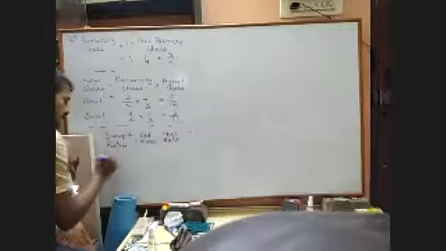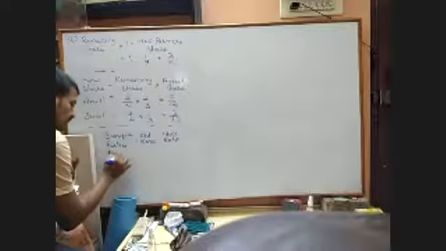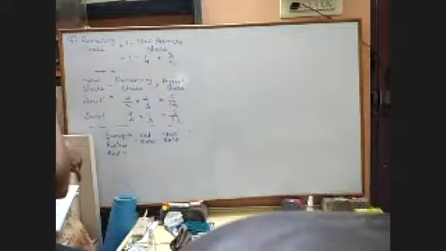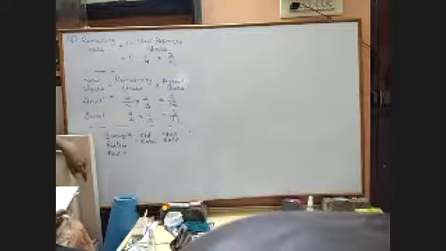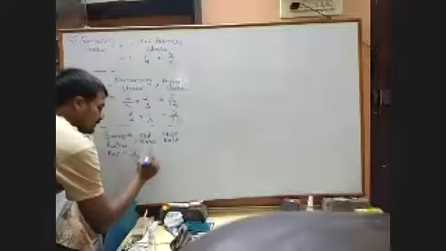So first is Anil. Anil's old ratio was 3/5 minus the new ratio is 6/12.